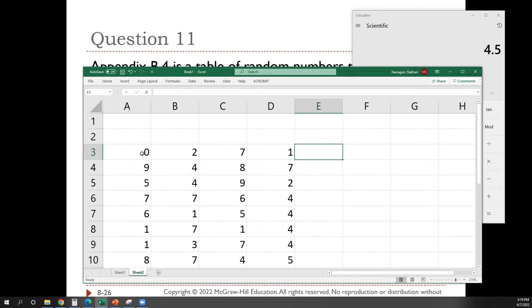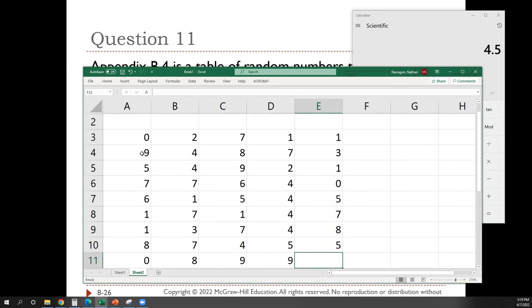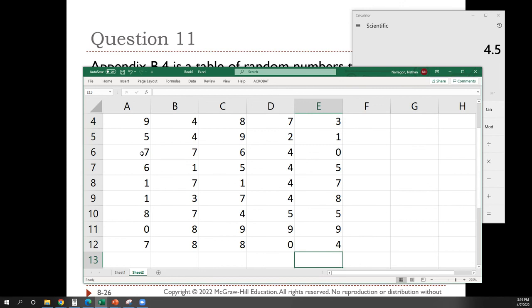Okay, one more row. 1 3 1 0 5 7 8 5 9 4.